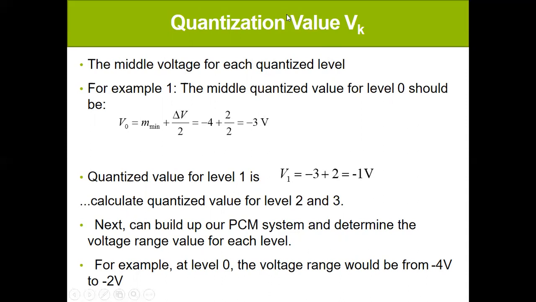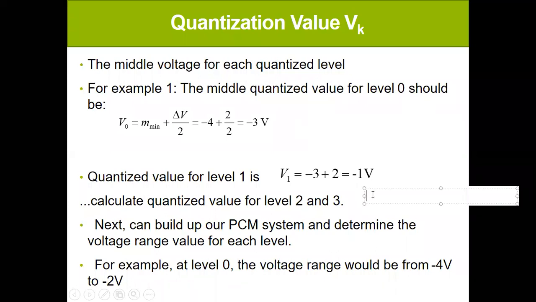So what can we say from here? What is the value of V2? Let us see. V2 equals V1 plus delta V. The interval is 2, so V1 is -1 plus 2, which equals 1 volt.